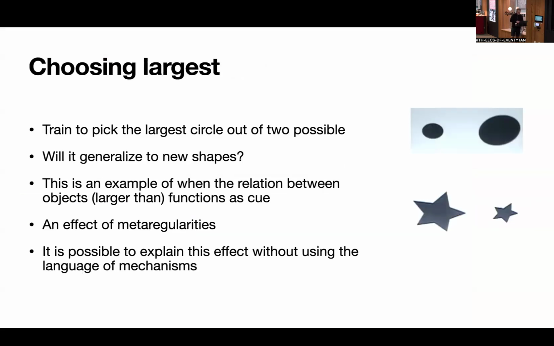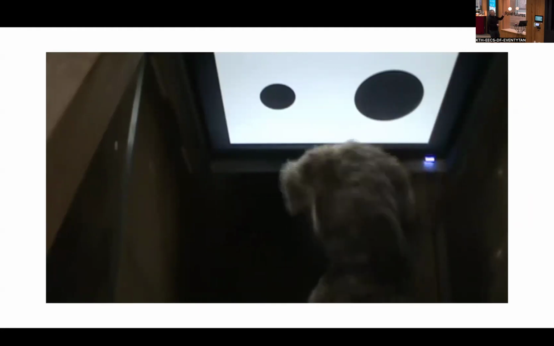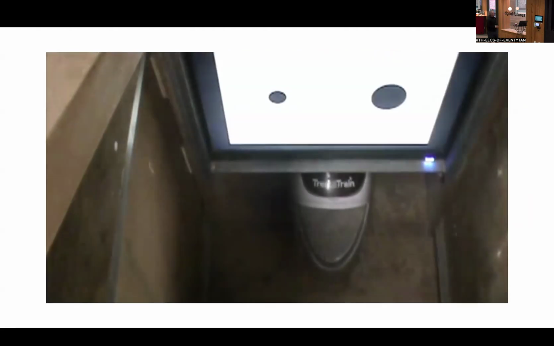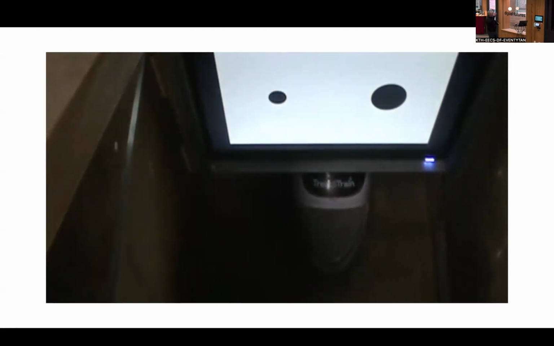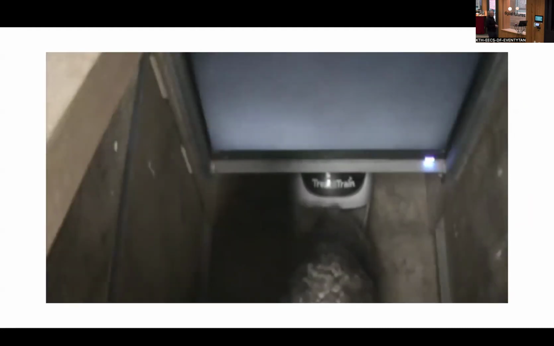And here's another one, where out of two objects we can be trained to pick the largest circle. But it's a non-trivial problem how to then generalize that to new shapes that I might never have seen before. So here is a dog doing that. It has been trained on these circles, and you can see how quick it is to always pick the largest circle with a lot of different sizes.